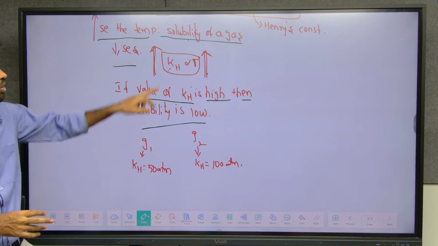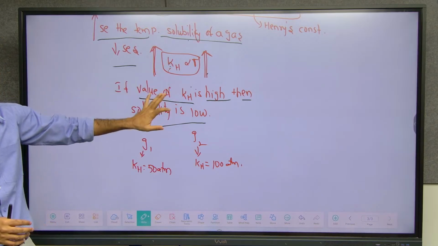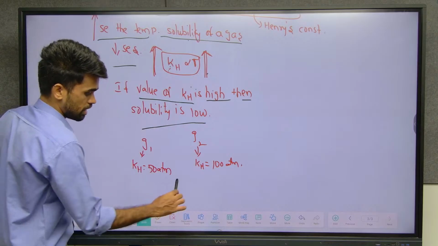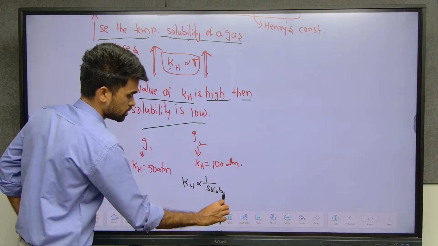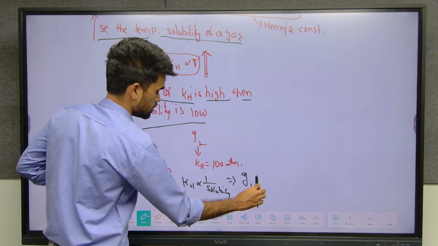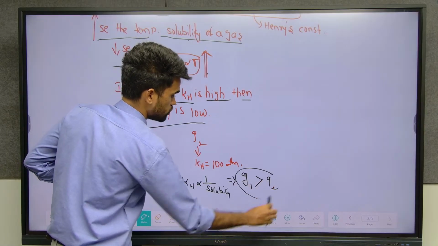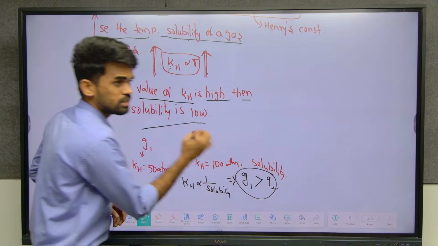What I told you: higher KH, lower solubility. So KH is inversely proportional to solubility. So the solubility of G1 is greater than G2. Clear or not, this concept?